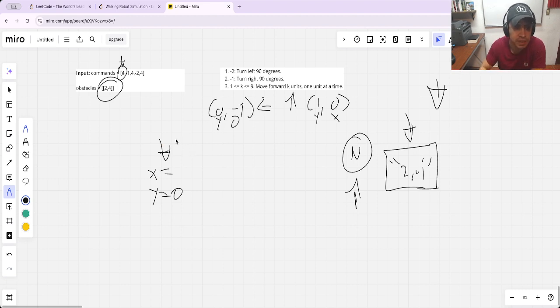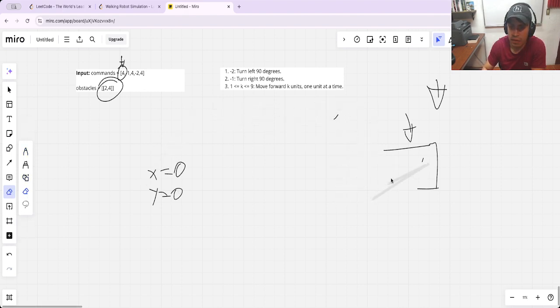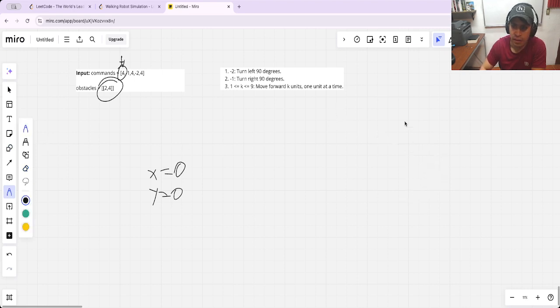Let me check. We are starting here at 0, and we have this hash set with the obstacles, 2, 2 and 4.